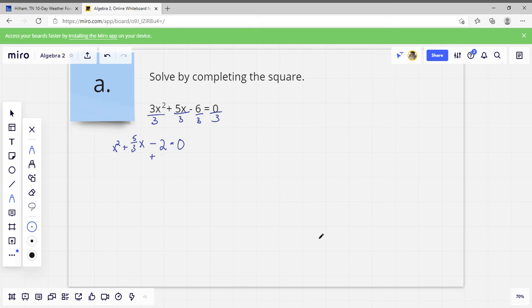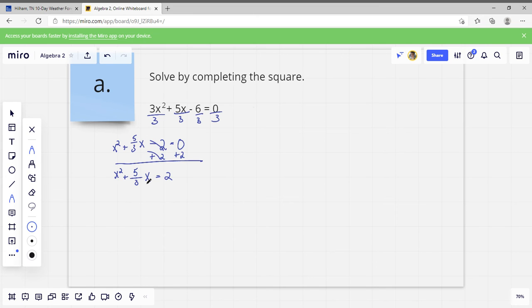Now we're going to add this 2 to both sides. And we're going to get x squared plus 5 over 3x equals 0 plus 2, which is 2.